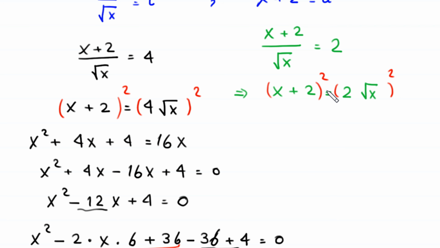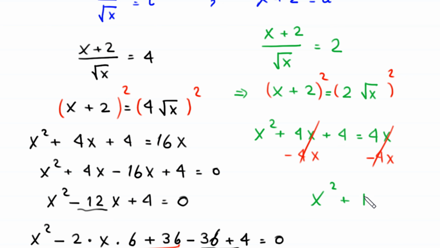This (x plus 2) whole squared will become x squared plus 4x plus 4 equal to, this (2 times root x) whole squared will become 4x, and we subtract 4x from both sides. So this gets cancelled and this gets cancelled. We are left with x squared plus 4 equal to 0.